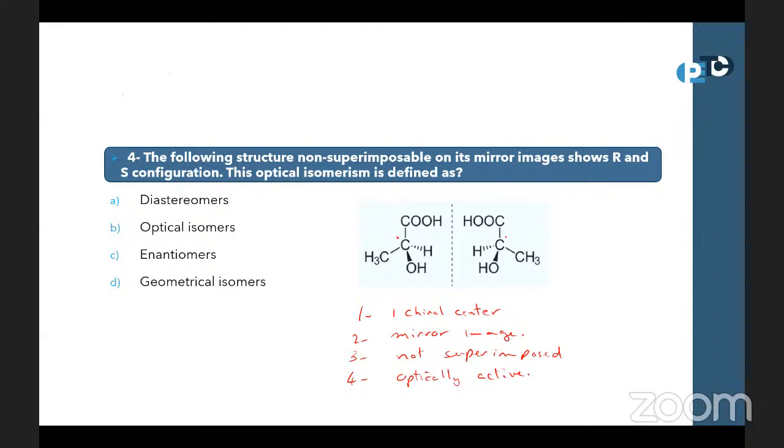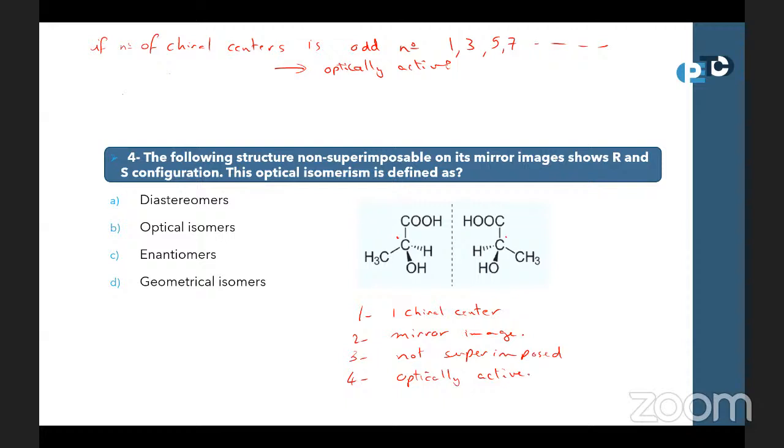The second thing, if the number of chiral centers is an odd number, either 1, 3, 5, 7, and so on, directly this compound is optically active. Directly, you can consider it as optically active.